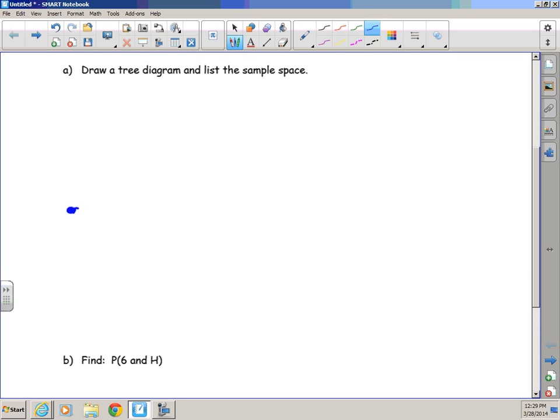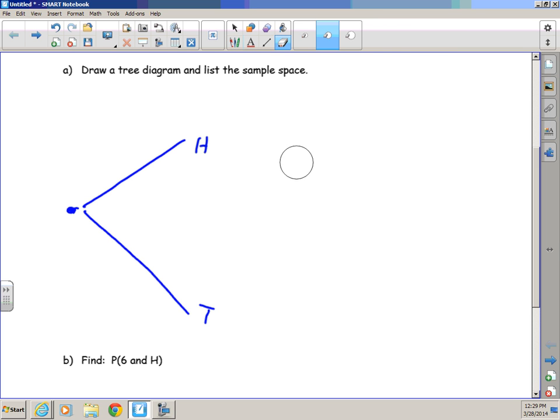Okay? So I'm going to toss the coin, which tells me I can get heads or tails. And again, some of you may have been taught that you can start the sample space up here and go down like that. That's fine. Our tree diagram, I should say. As long as you have everything listed, we're good.